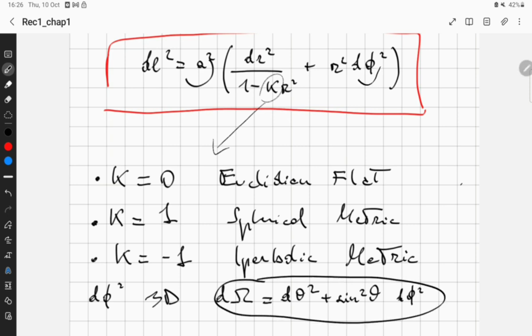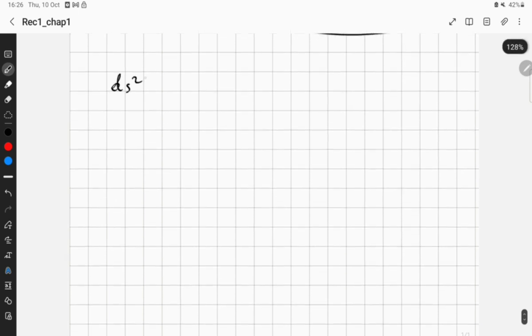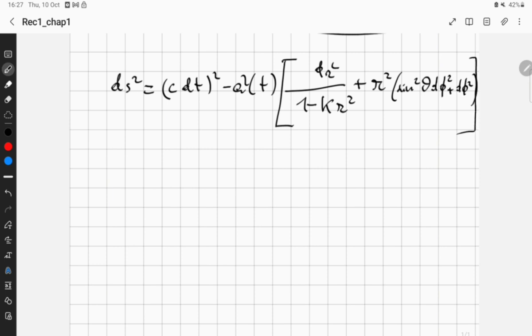And so we substitute this, and we get ds square equal c dt square minus a square of t times dr square over 1 minus k r square plus r square sin square theta d phi square plus d theta square.